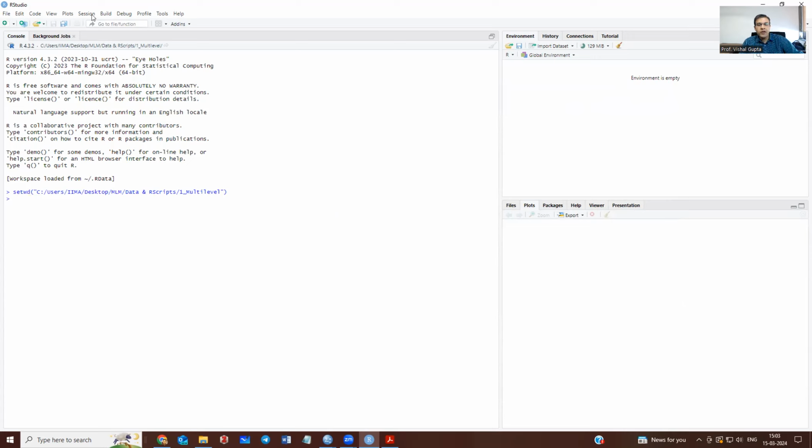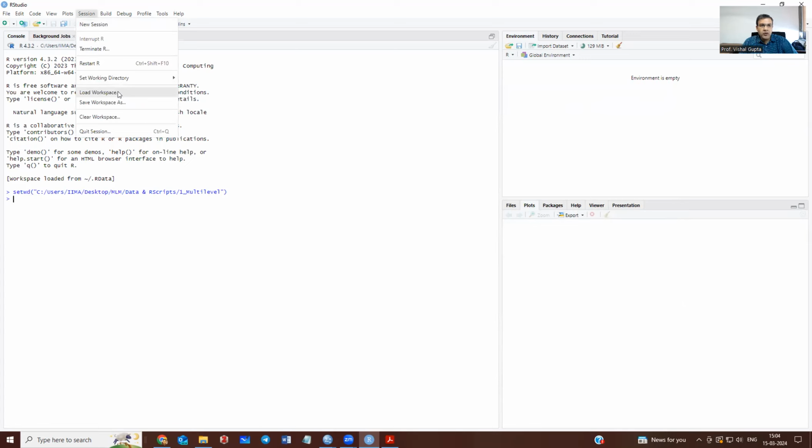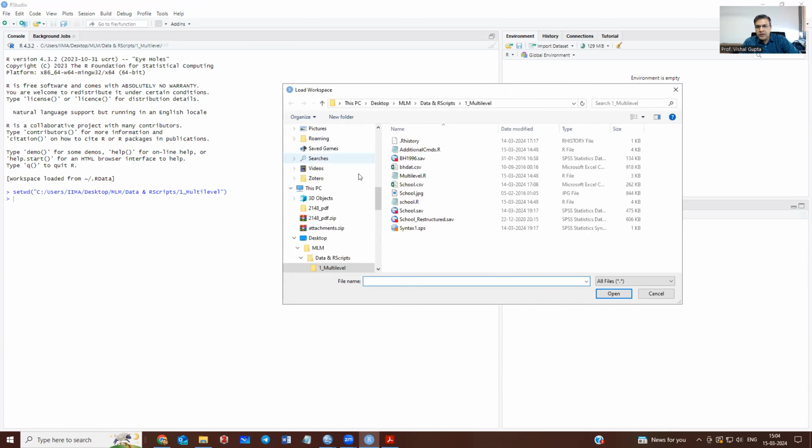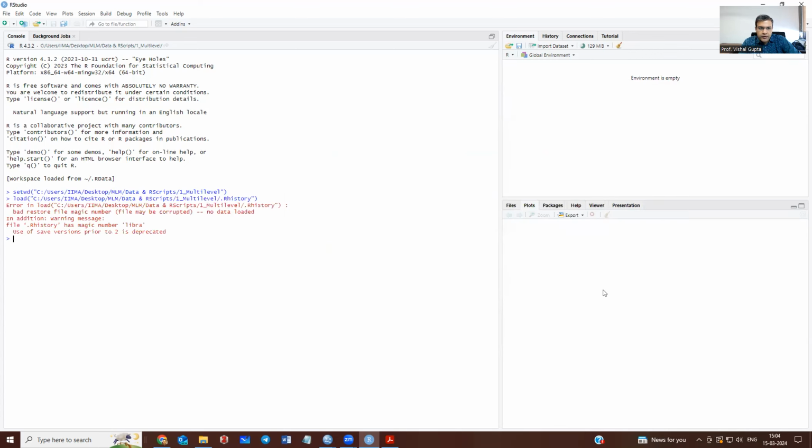So when we closed R, you should always save workspace, and now you will see there is a command in the same tab of session. You have load workspace. So everything that we were doing yesterday would be saved, right? I think I have not saved it, but anyways, I will show you.